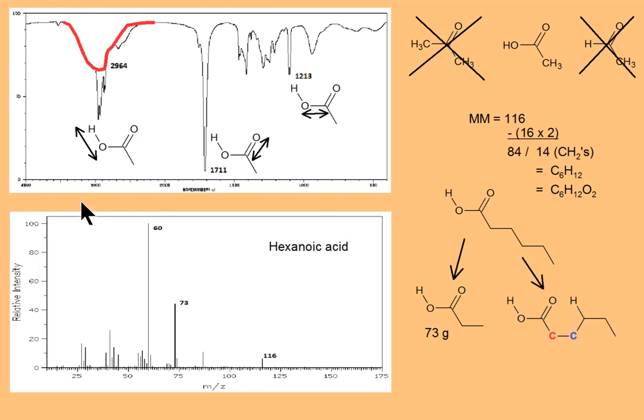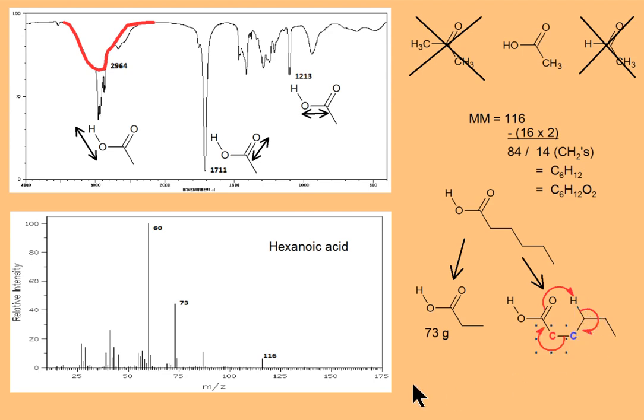And the next peak at the 60, our main peak for the spectra, would suggest that we've got a McLafferty rearrangement. So if we reimagine the molecule curling around itself a little bit, we can imagine the hydrogen coming off the carbon here, the oxygen using those pi electrons to pick up the hydrogen, the carbon to hydrogen bond would break, and the electrons would swing round to make a new carbon to carbon bond.